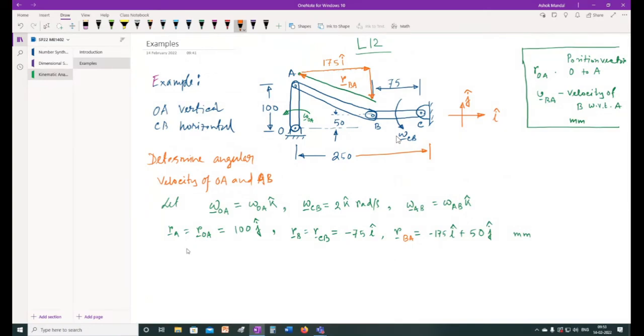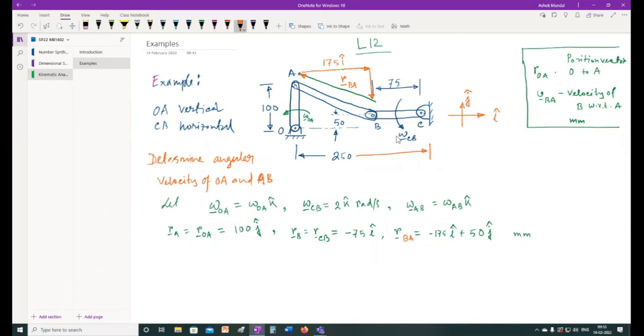Now, what we will do, we have to find out angular velocities of OA and AB. Actually, if we can find out the velocity of point A, then all these quantities can be obtained. This link is just rotating about this point, and from your graphical methods the direction is known to you.